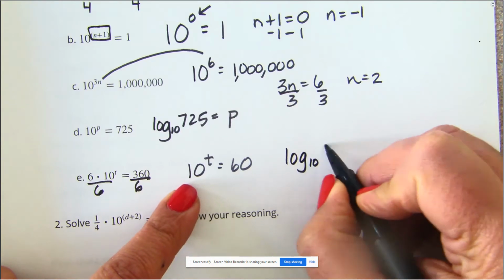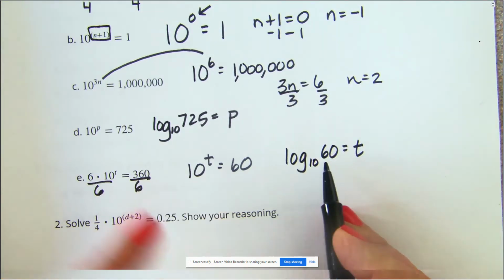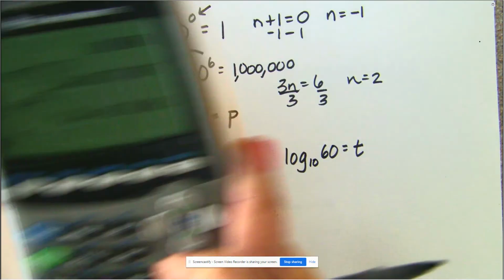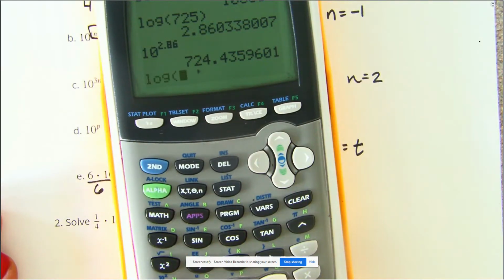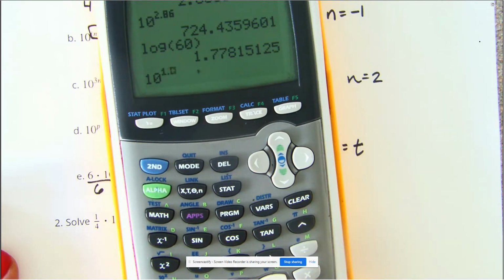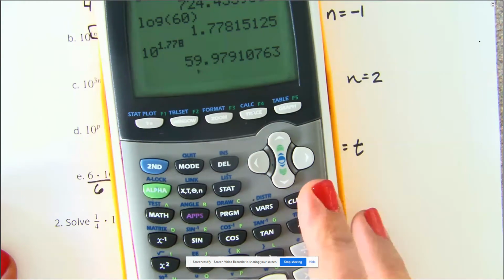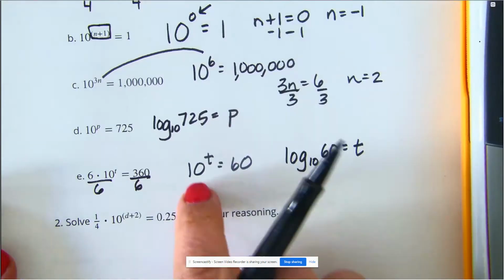Log base 10 of 60 is the answer. I could evaluate it on my calculator. Log of 60, so it's about 1.778. Let's try it. 10 to the 1.778. Yep, I just checked it in this one.